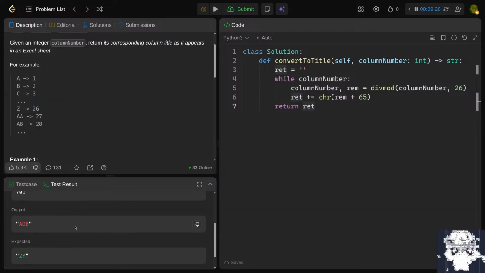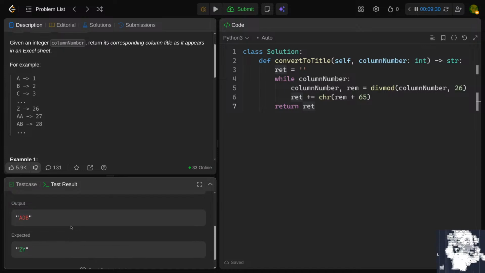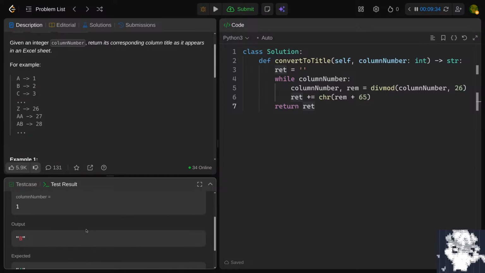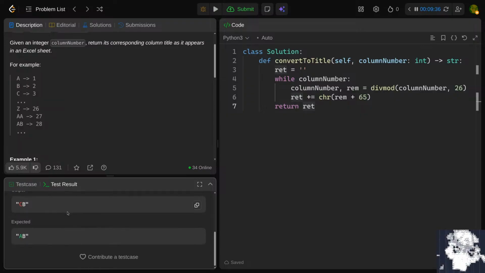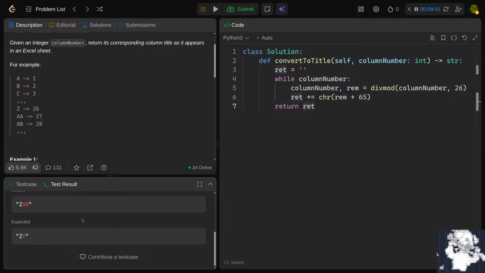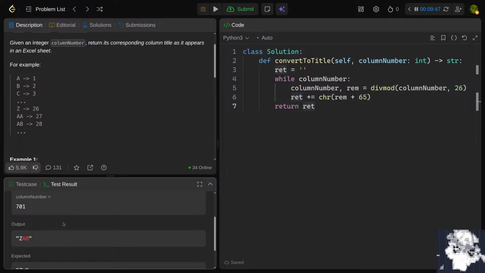This is embarrassing, how much I'm struggling to convert a number to a letter. So why am I saying ZAB? 701.